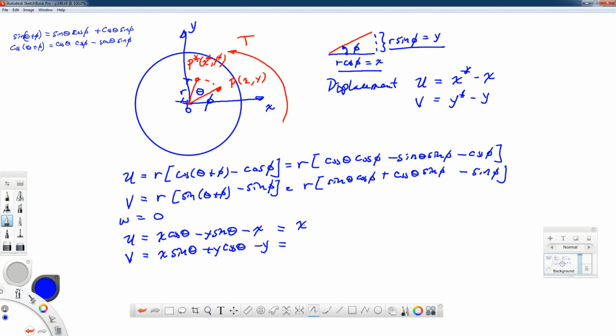And then we can factor out an x from a couple of these terms, and a y from the next terms.